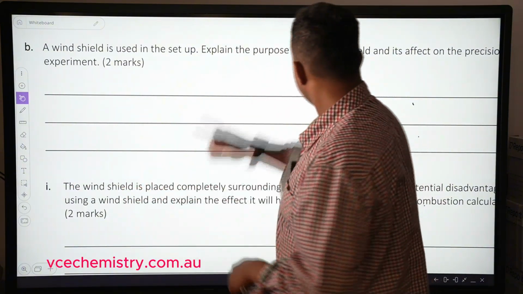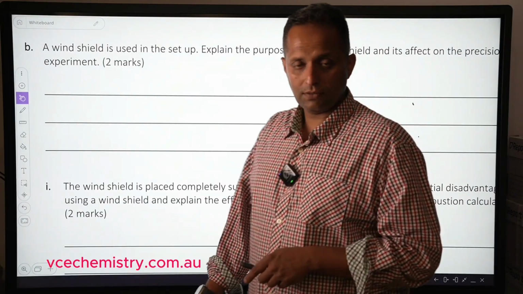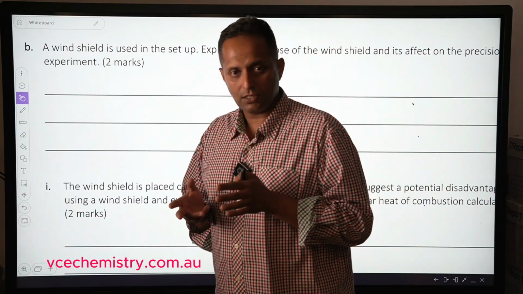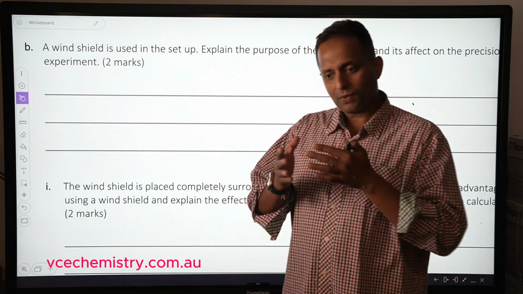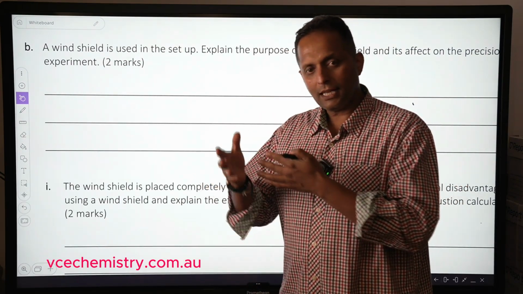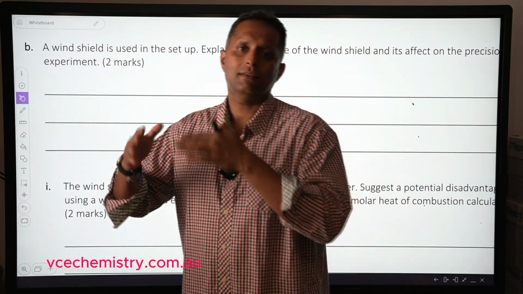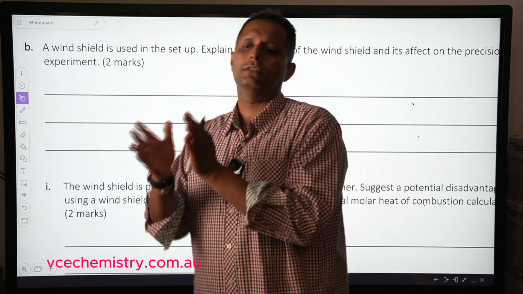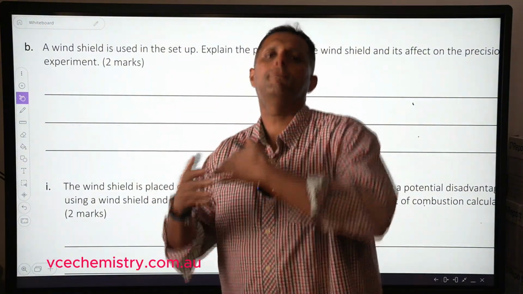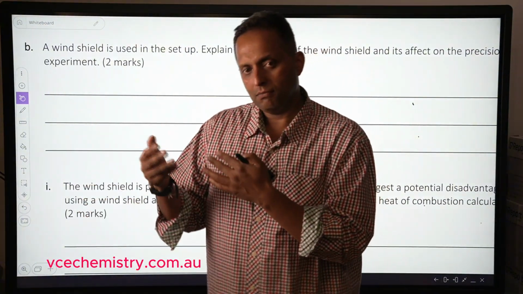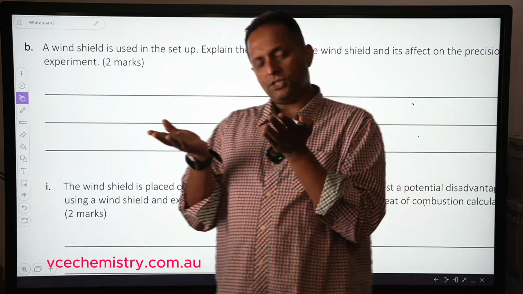Consistent results means precision. So it will increase the precision by preventing heat loss, or it enables the system to lose the same amount of heat for each trial, thereby increasing the precision.